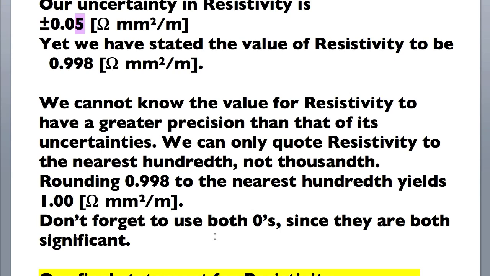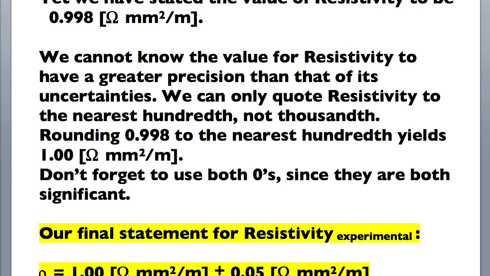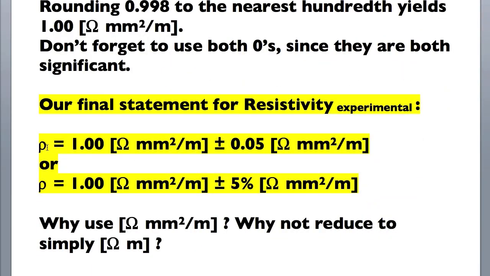Don't forget to use both the zeros, since they are both significant. Our final statement for resistivity experimental would be this. Rho equals 1.00 units plus or minus 0.05. If we find the relative uncertainty, which we already found because we summed the relative uncertainties, it's 5%.